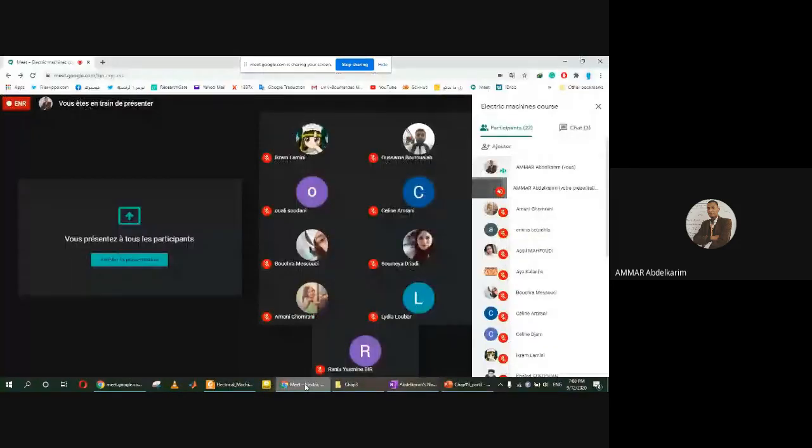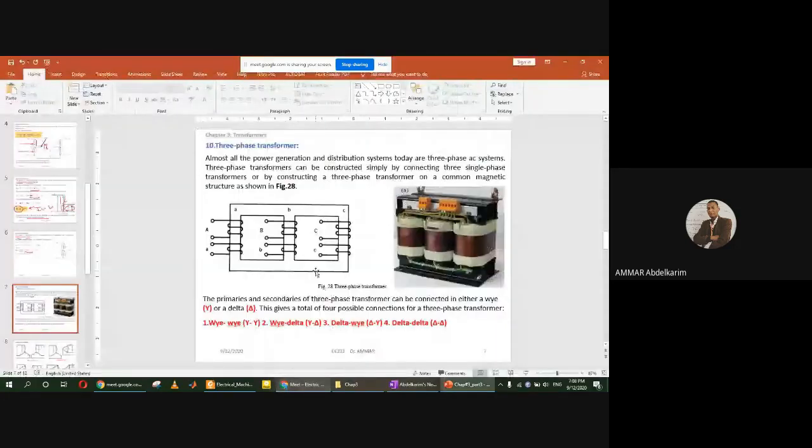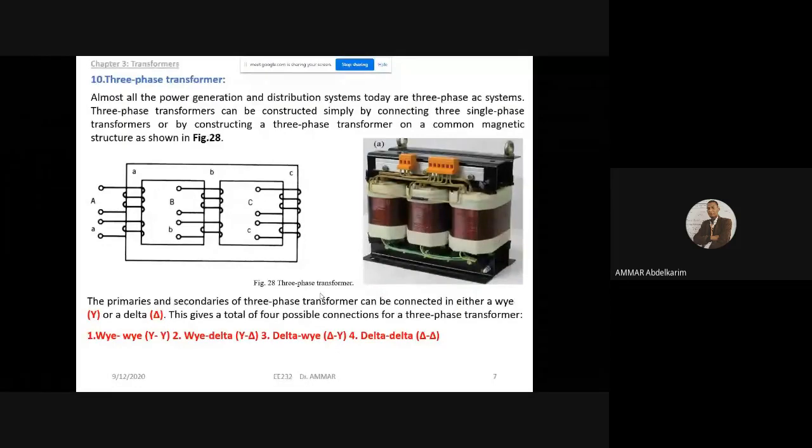Okay, so let's now pass to the three-phase transformer, which is the last part in this chapter. Almost all power generation and distribution systems today are in three-phase, as we have talked many times, especially in the power system.